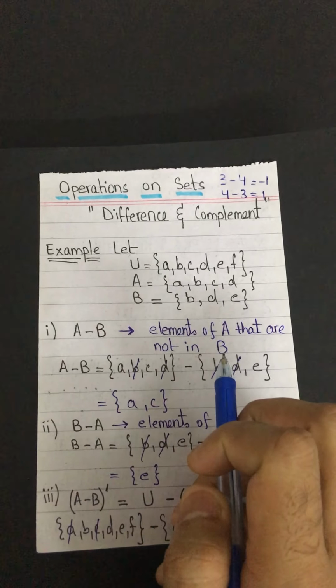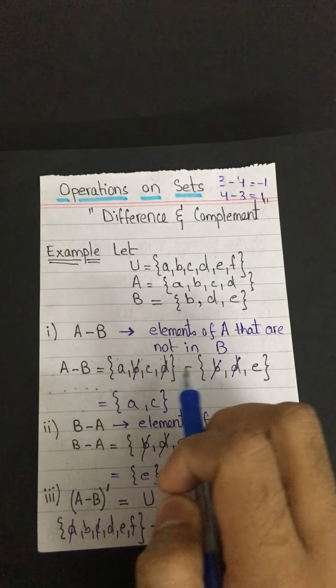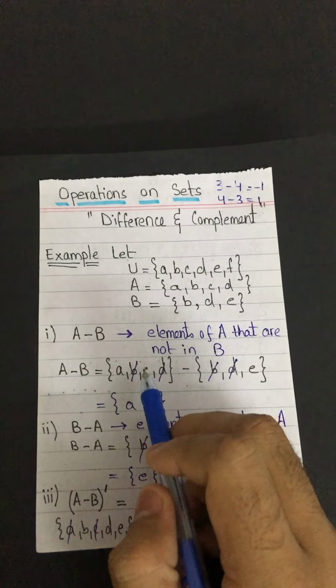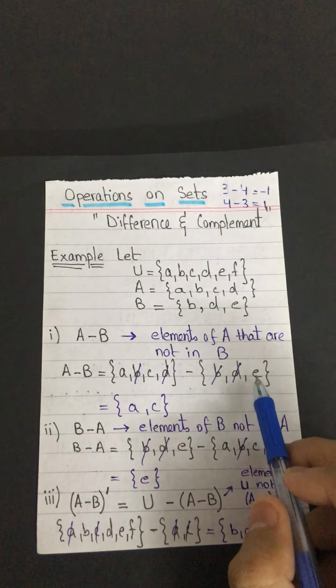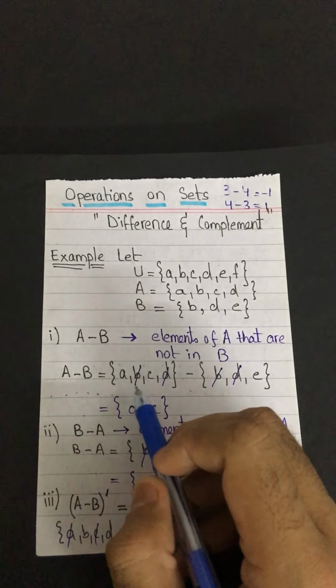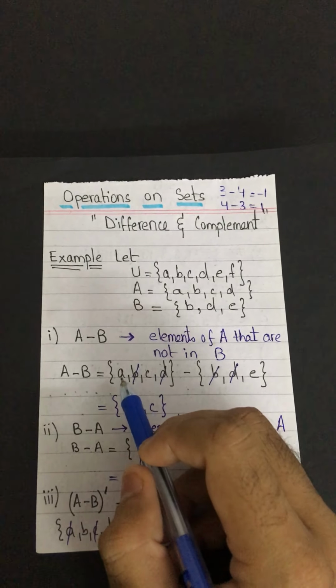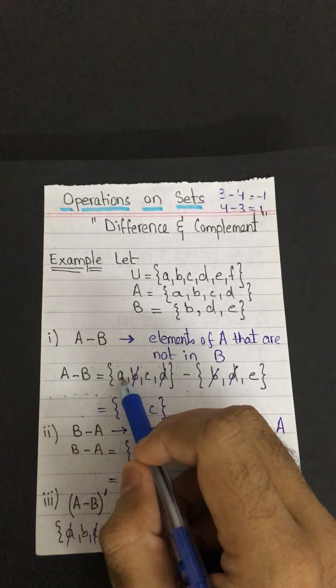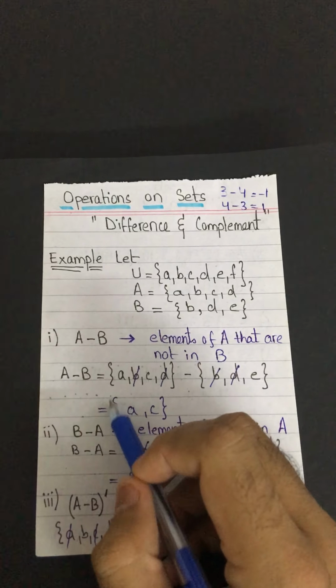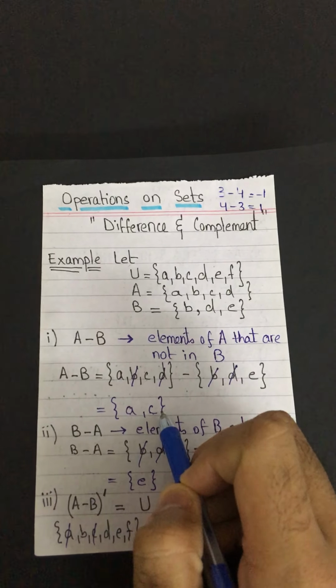Since I have cancelled out all the common elements, now I will focus on the first bracket only. I will not see which element is remaining in the second bracket, it is of no use. I just have to focus on the first bracket, and I have to see which elements are remaining. So I can see that A and C are remaining. So the answer of A minus B is A and C only.